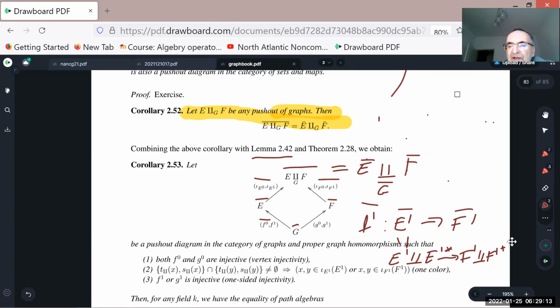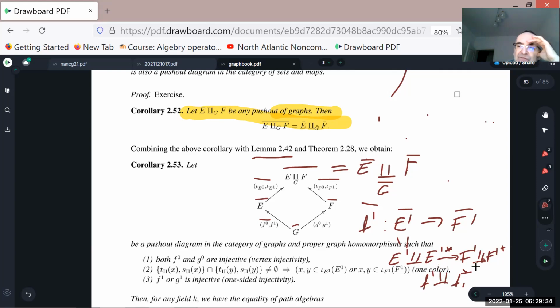And this map is also the disjoint union of maps: F1 on the first component, disjoint union with F1 star on the second component, and F1 star basically means that I take the starred edge, I de-star it, I apply F1, and then I star the image.